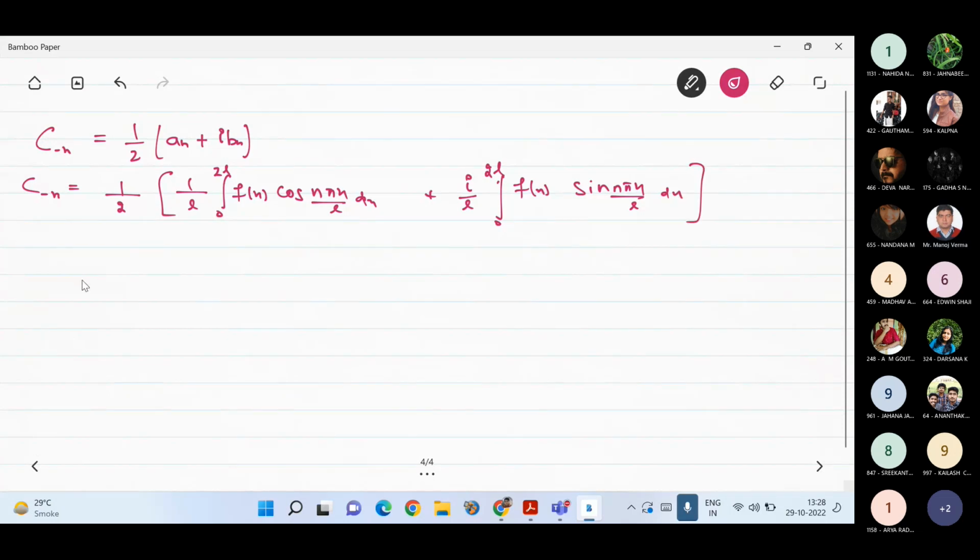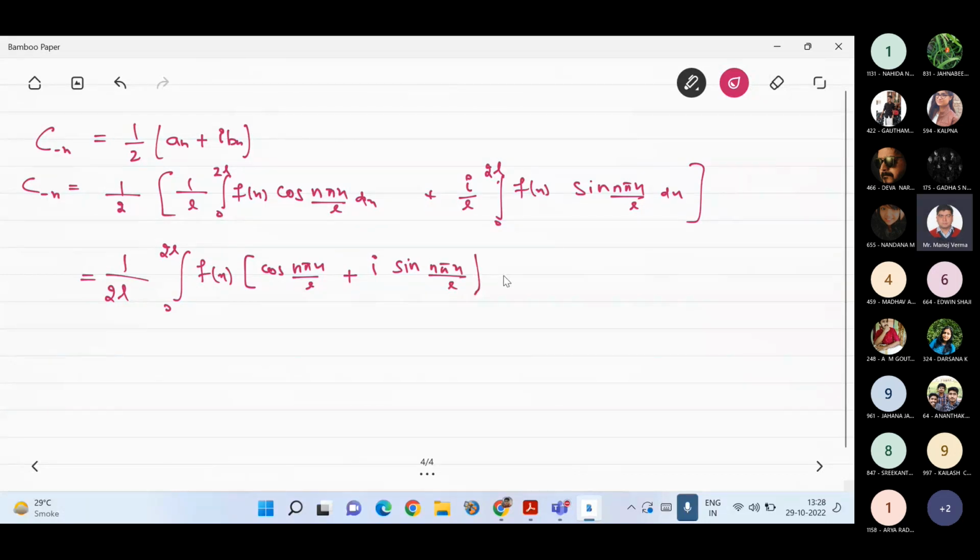I can take this L common, 1 by 2L, integration 0 to 2L, and again I will club these two integrals into a single one, which I can write as cos(nπx/L) plus iota sin(nπx/L).